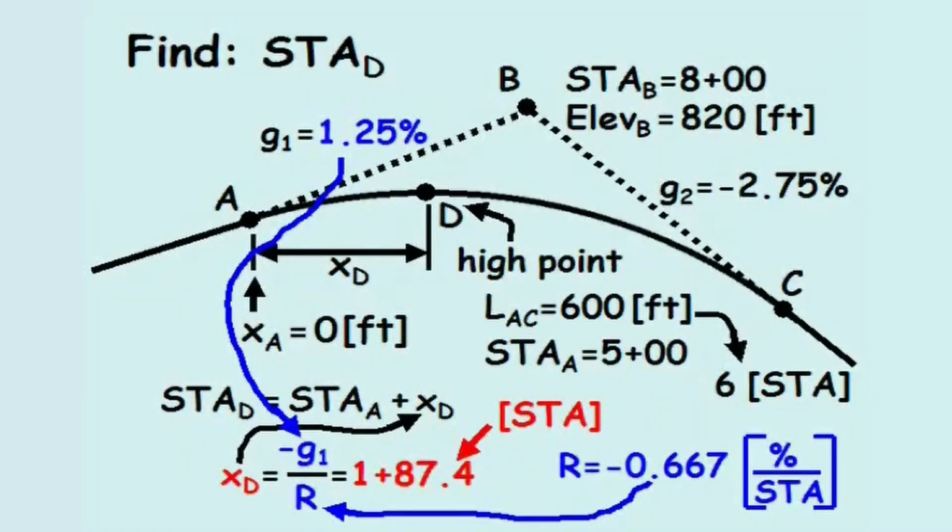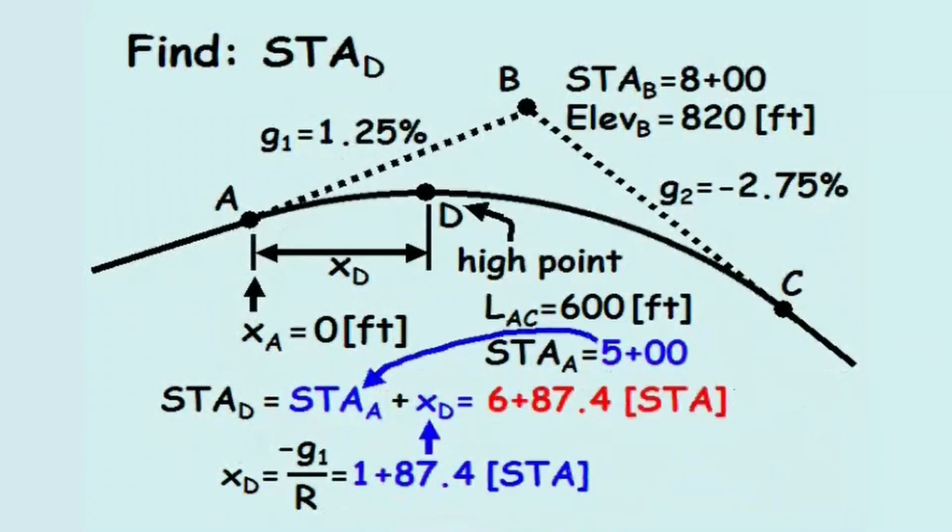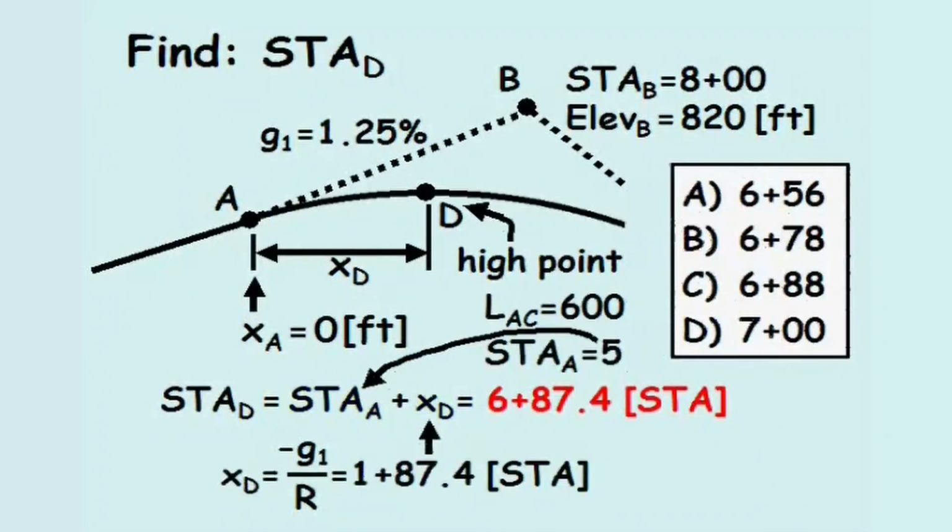And finally, we can solve for the station at point D by adding 5 plus 00 stations to 1 plus 87.4 stations, and the stationing at point D equals 6 plus 87.4 stations. When reviewing the possible solutions, the answer is C.